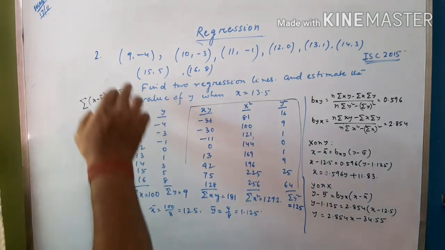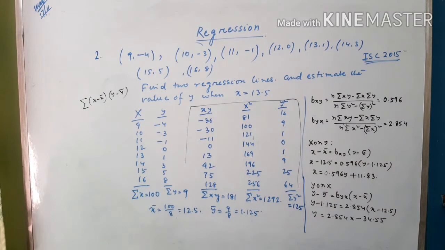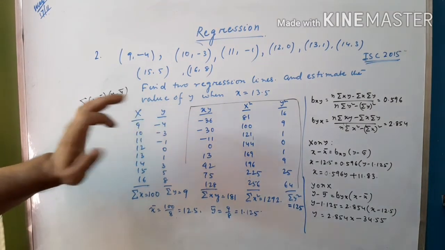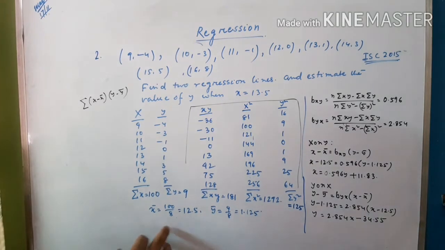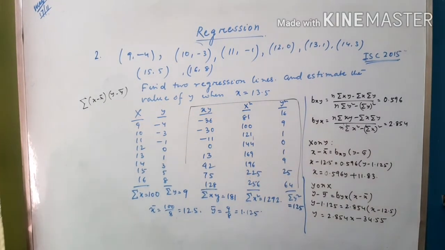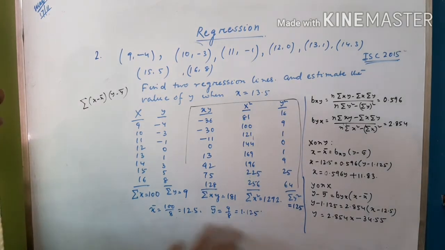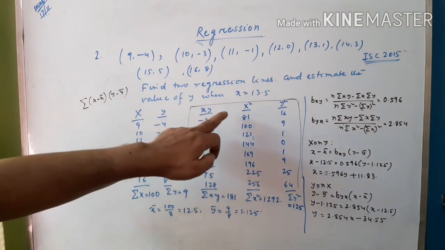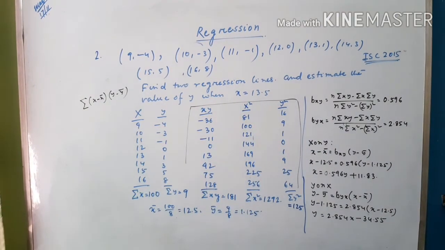So when a set of observations is directly given, we have to form 5 columns. You form the x column and y column first, and see whether x bar and y bar are complete integers or not. If they are not, then form another 3 columns, xy, x square, y square, and find the sum of each of the 5 columns.